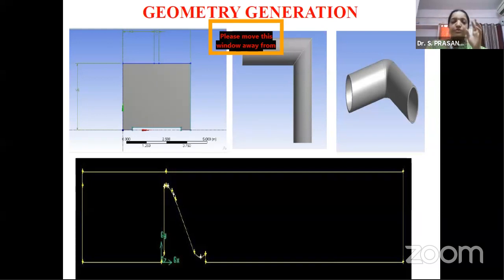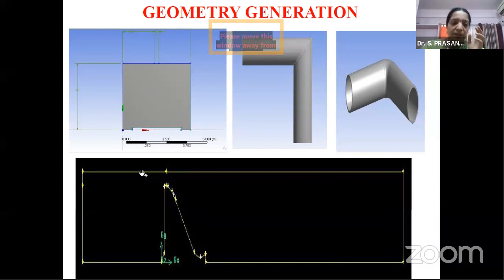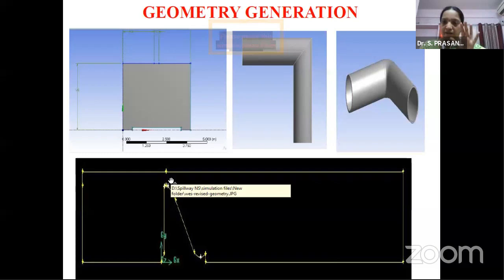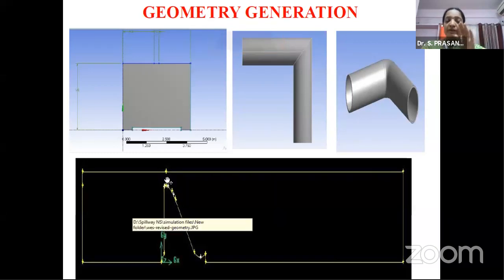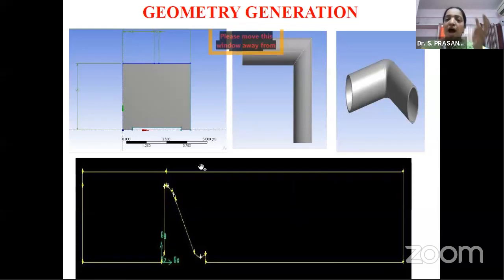You give your points. If you know all the coordinate points in 2D or 3D, you can give all the points. You can see these plus marks are the points which are created first. Then once all your points are created, you start joining them by means of lines, arcs, and the common draw commands, SP line, polyline, all of which are still available.